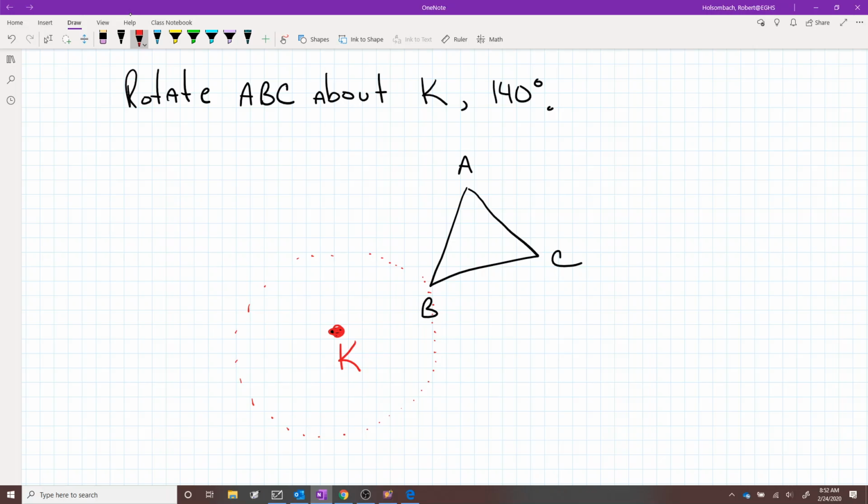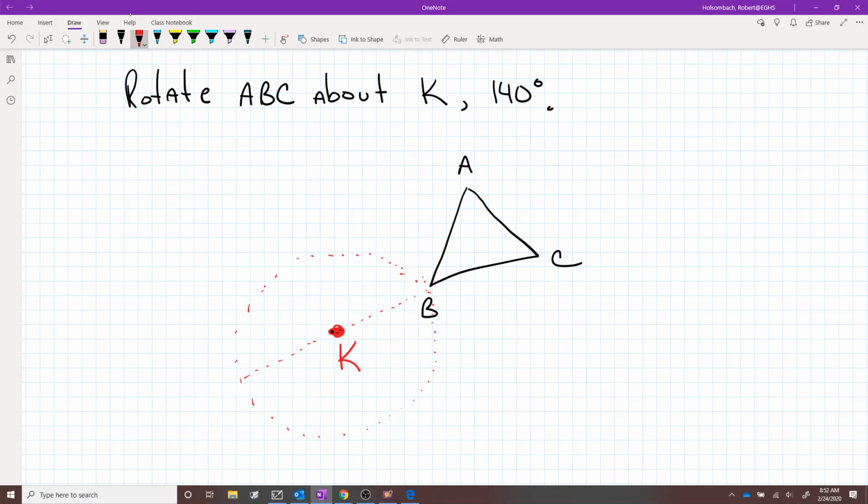Alright. Now, if we cut this circle in half, wouldn't this top portion of the circle be 180 degrees? So if we took point B and put it over here on the other side of this diameter, that would be a 180 degree rotation.